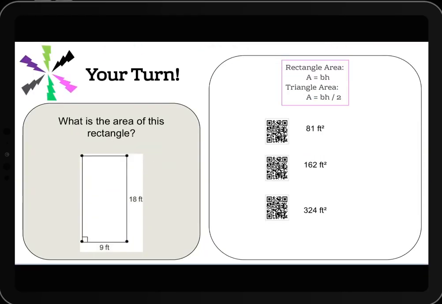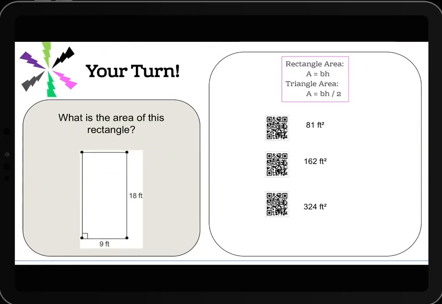So let's take a look at this example here, and I'm going to have you pause and see if you can come up with the area of the rectangle, and the formulas are provided for both rectangle and triangle above as well. Hopefully you said 162 square feet.